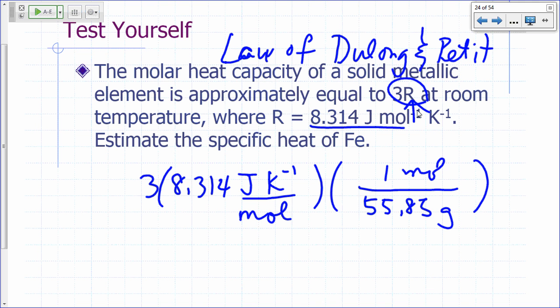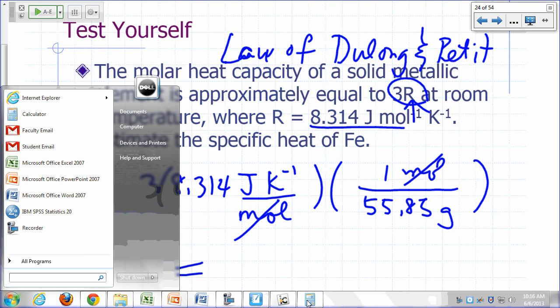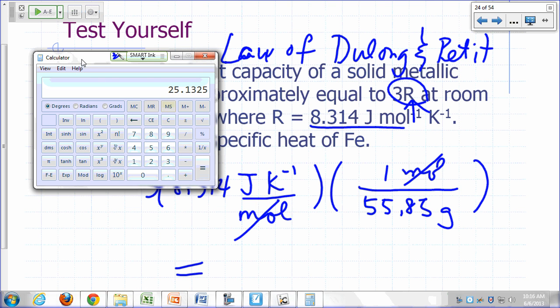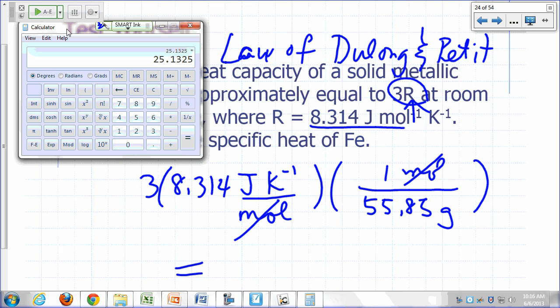So moles cancel out. This will give you how much? We had that earlier, right? Three times 8.314, times 1 divided by 55.85, 0.45.